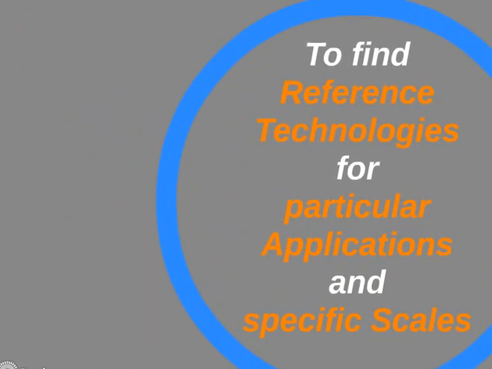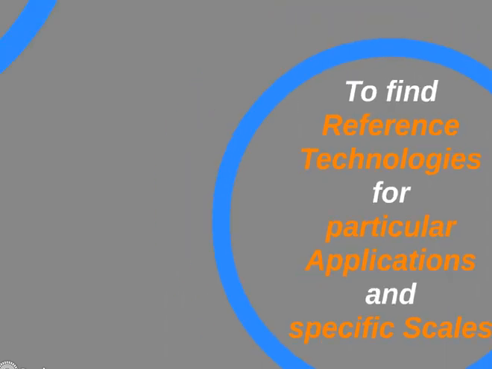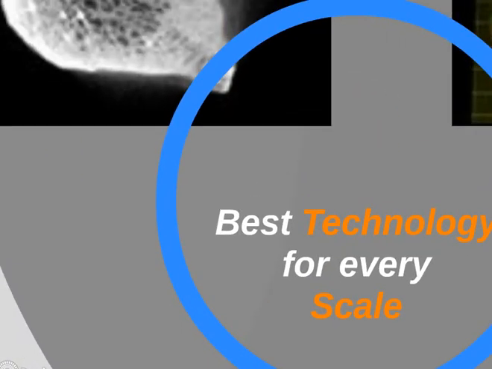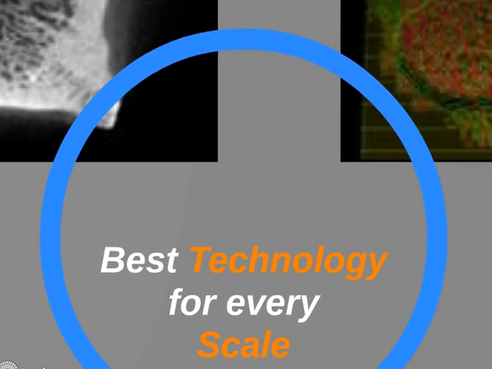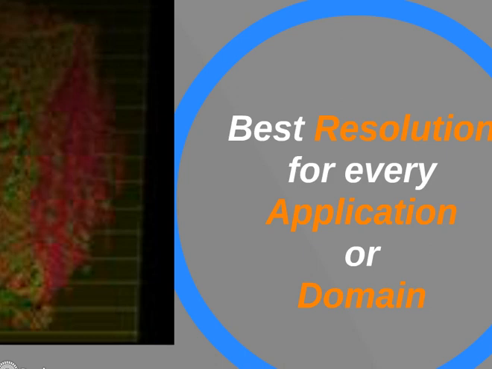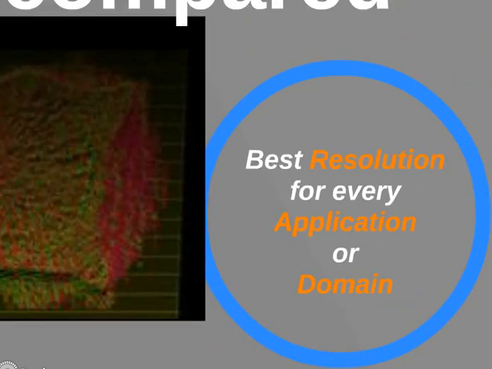But we can find now the best reference technologies for particular domains, applications, and at particular scales. That is of relevance to me, because science loves to look into more and more detail and less general ways. So therefore we can now look at best technology and best resolution. So I hope we'll go for it.